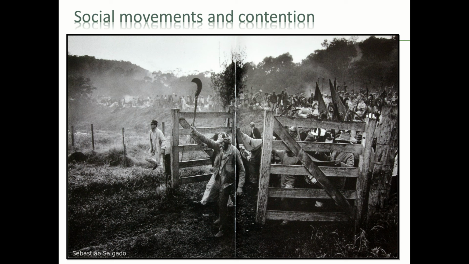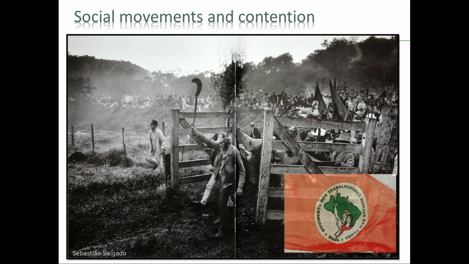Well, a lot of times we're talking about organized social movements, such as the movement of landless rural workers, but there are a lot of these movements and associations that agitate for what we call direct action land reform.